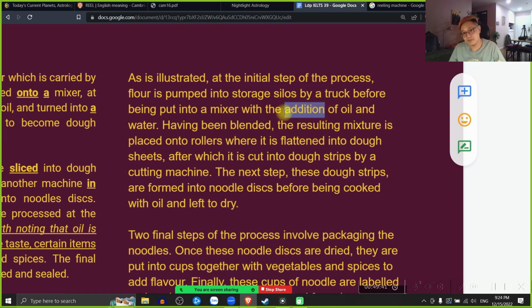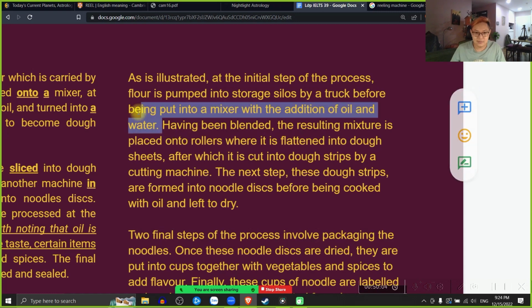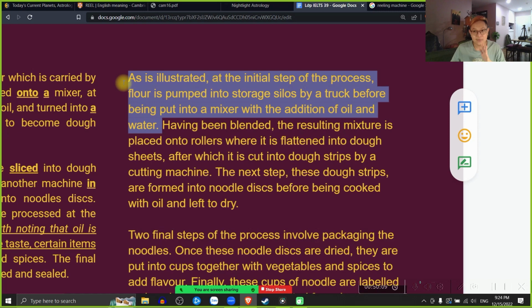It's an addition in specific, the addition of oil and water. So that's why she understands very well. You see, her grammar is very solid too. Vocabulary and grammar, she's very good, to be honest.